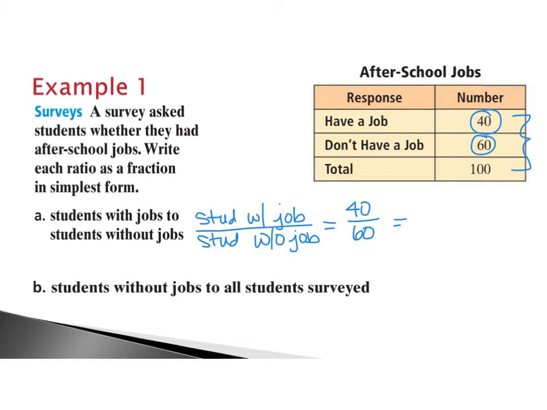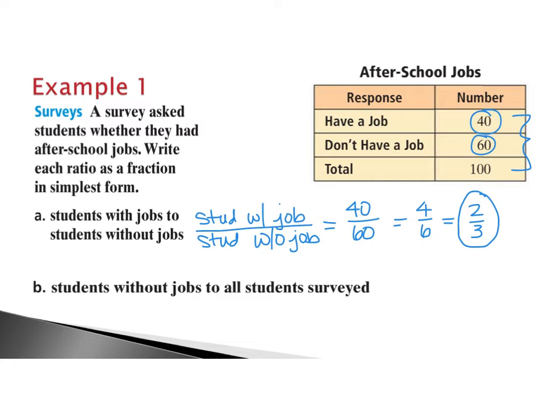Now I can go ahead and reduce 40/60ths down. I can write this as 4/6 or 2/3. So this tells me that for every 2 students that have a job, I have 3 students that do not have a job.